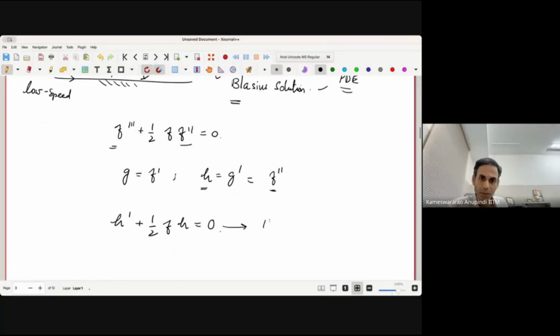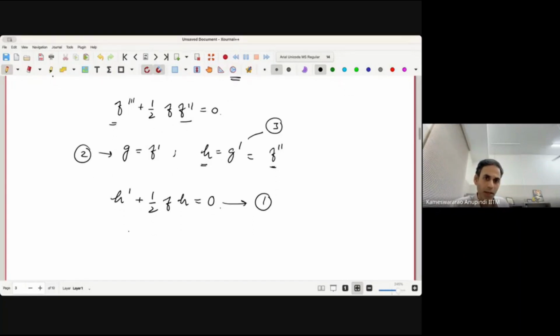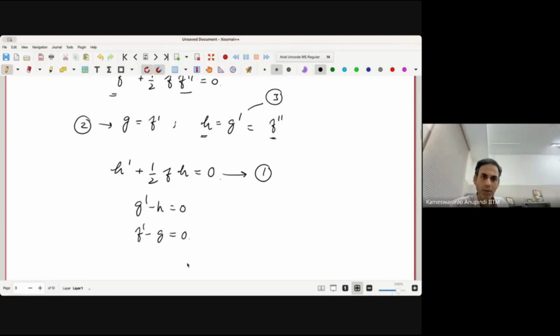So this is equation 1, then we have g prime equals h, or g prime minus h equals 0, and then f prime minus g equals 0. So I have these three equations.